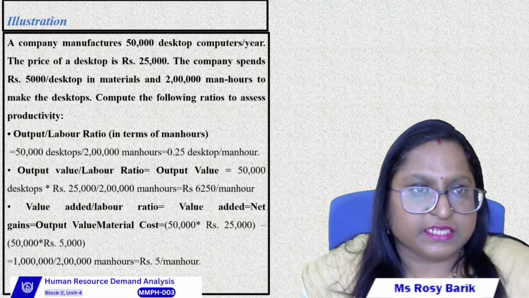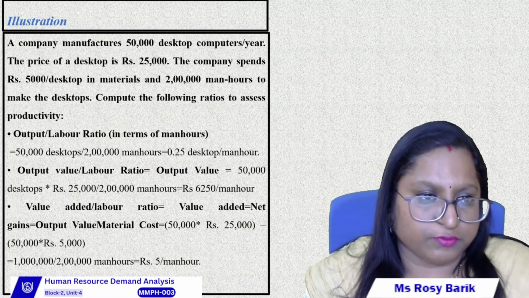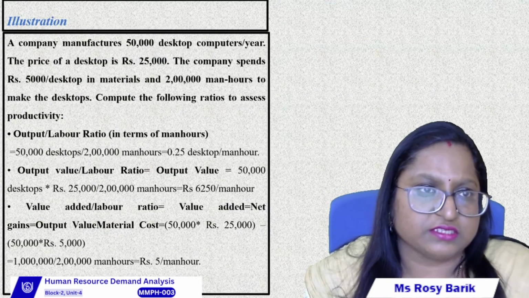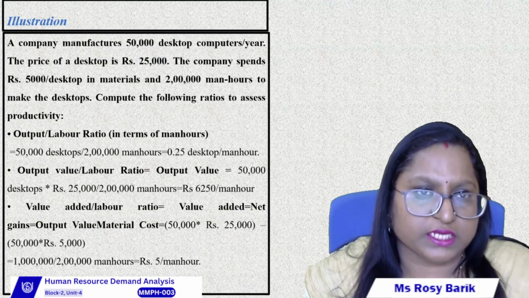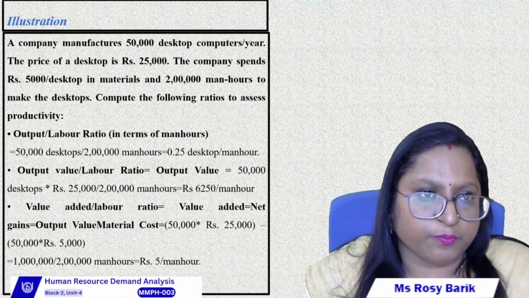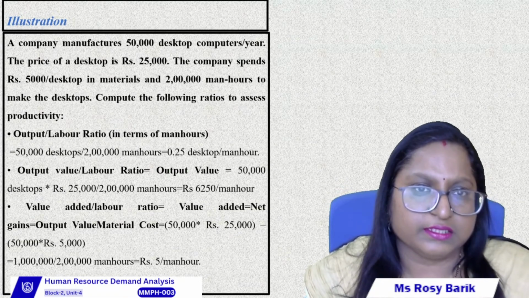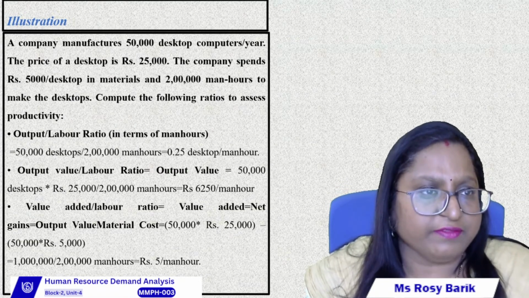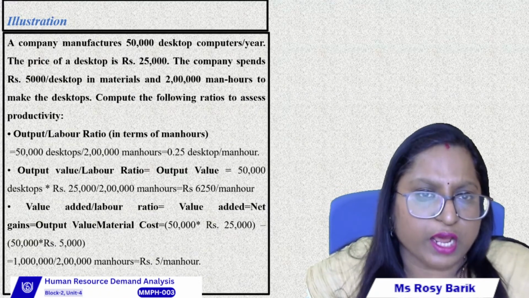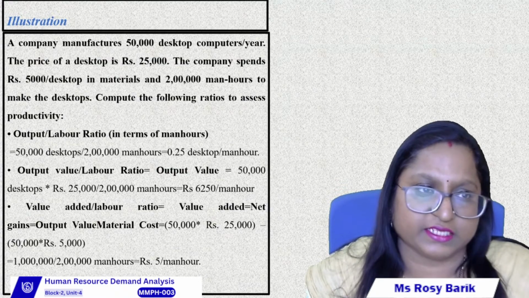Let us take an example of ratio analysis. Suppose a company manufactures 50,000 desktop computers in a year. The price of a desktop is rupees 25,000. The company spent 5,000 per desktop on materials and 2 lakh man hours to make the desktops.